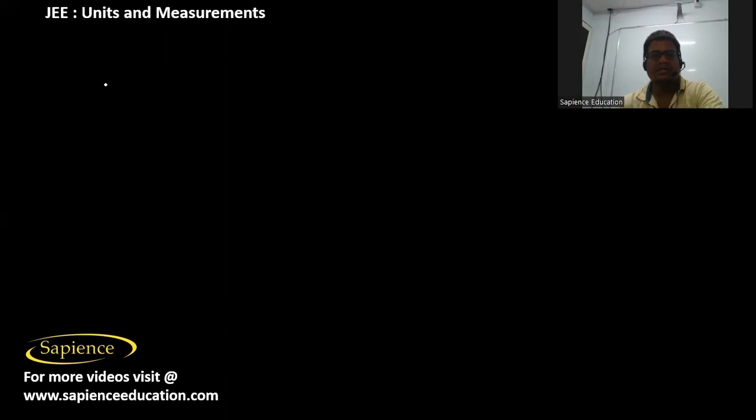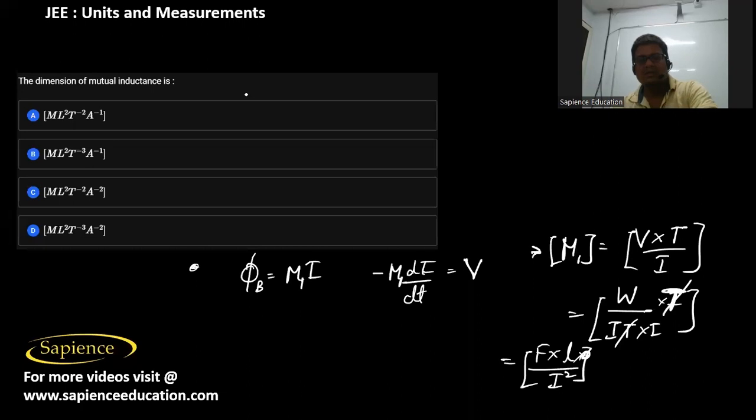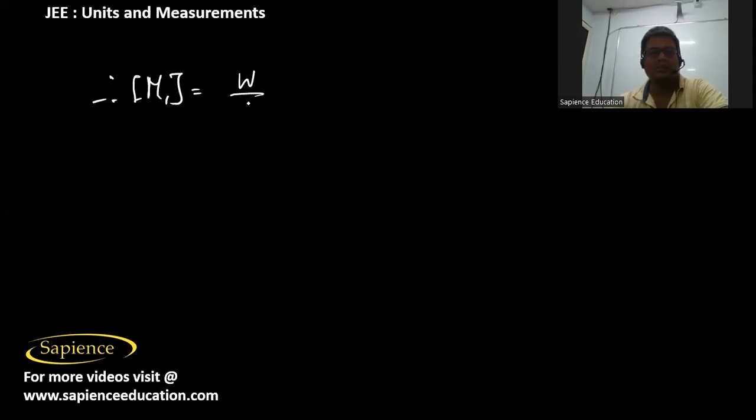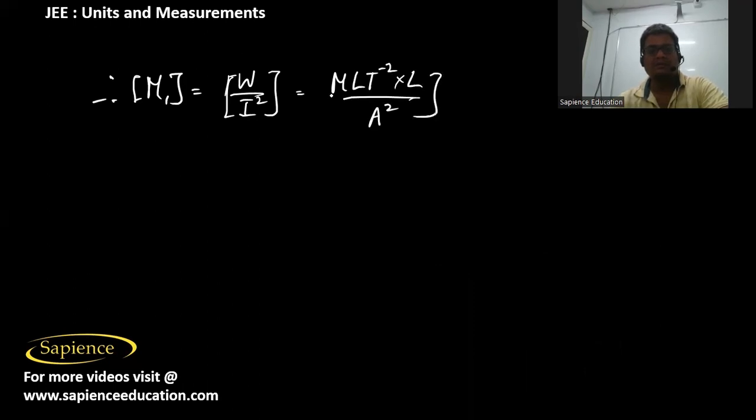Therefore the dimensional formula for mutual inductance is the work done by current square, which is equal to force, that is M L T power minus 2, into length, divided by current square, which is ampere square.